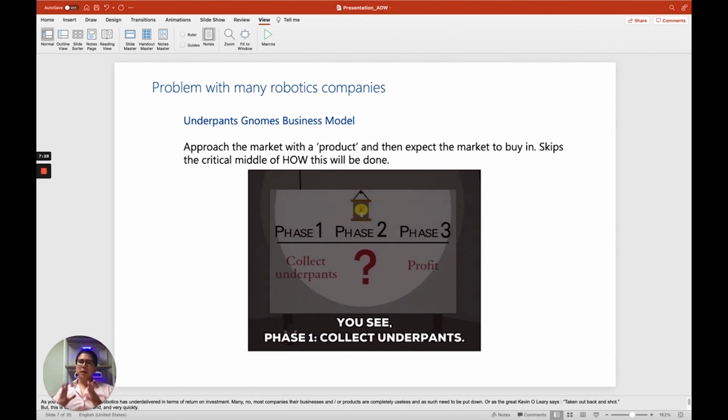The problem with many of these robotics companies is what I call the underpants gnomes business model from South Park. You approach the market with a product and then expect the market to buy in. They skip the critical middle of how they're going to achieve profit. Therein lies the key to failure.